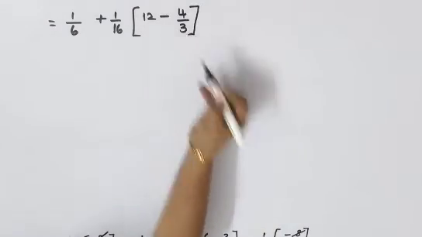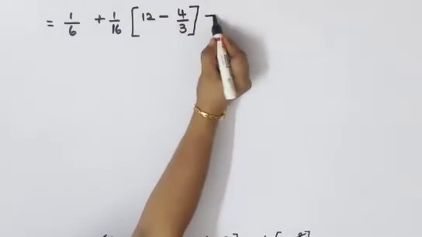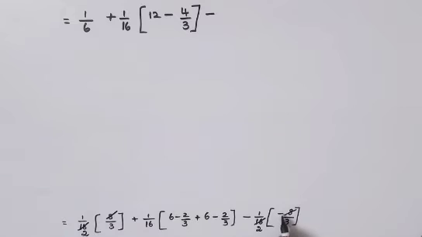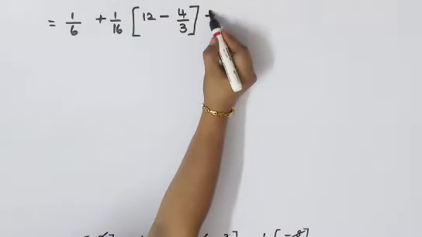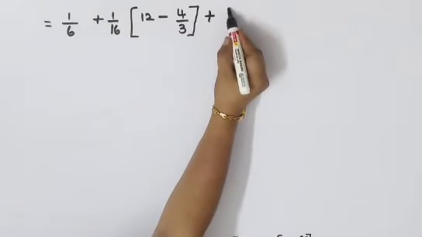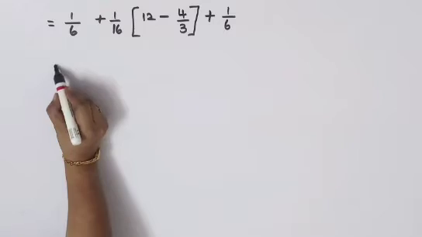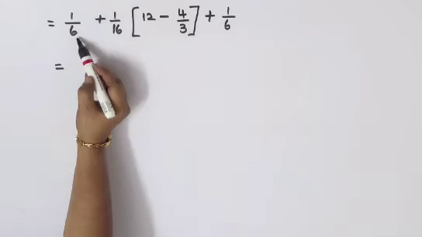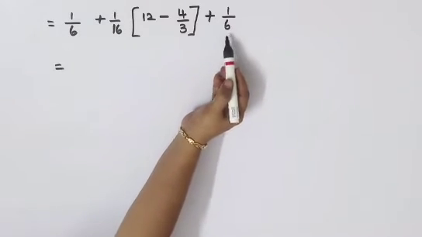Close your bracket. Your last term is minus. Again minus into minus, you will get plus. Then 1 is here, 2 3s are 6. So 1 by 6 is equal to, here you have got 1 by 6 and here you have got 1 by 6.